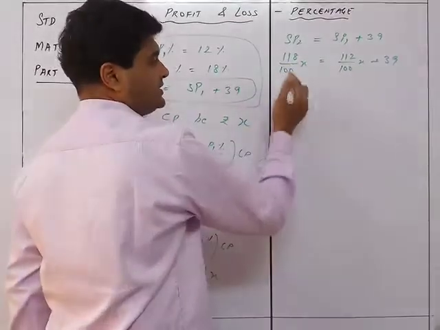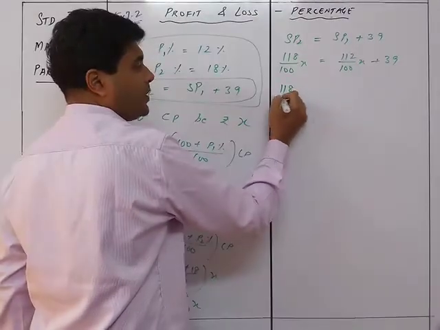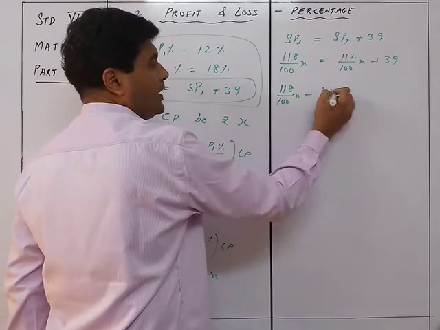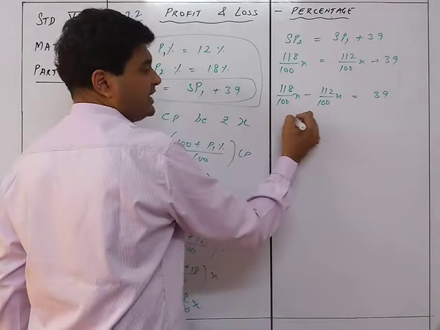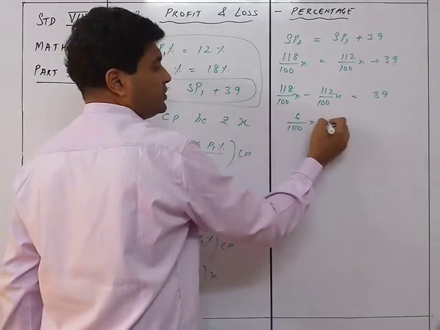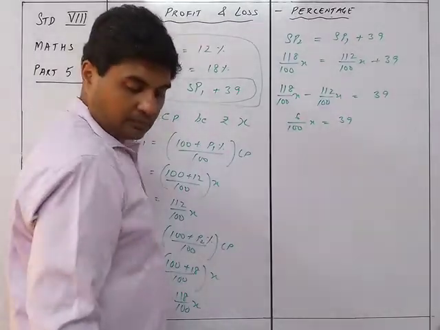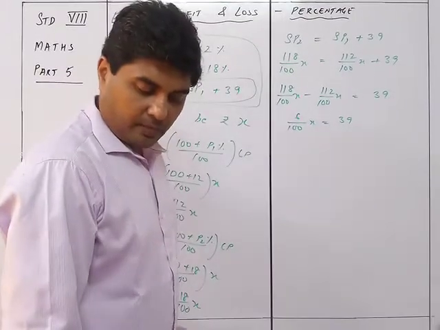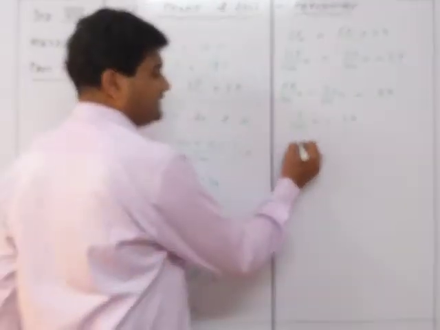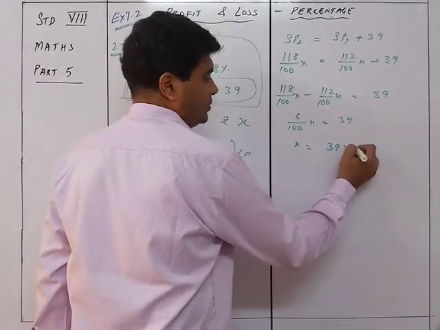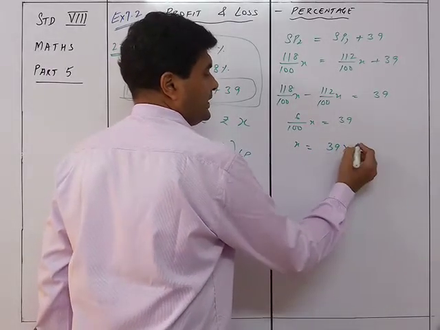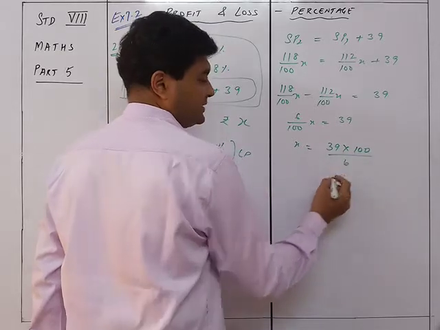So you take this on this side: 118 upon 100x minus 112 upon 100x is equal to 39. So that will give you 6 upon 100x is equal to 39. Is it clear? Therefore, x is equal to 39 upon 100 into 100 upon 6.